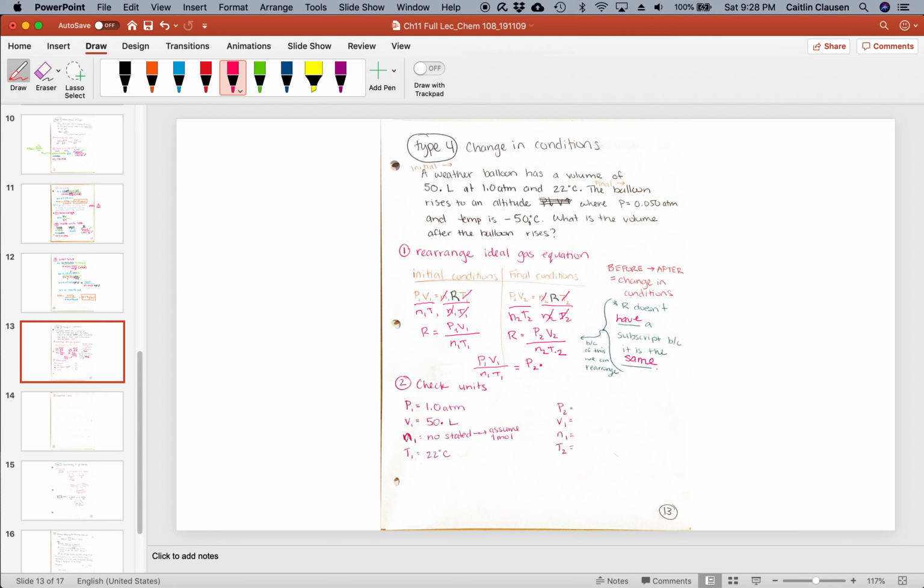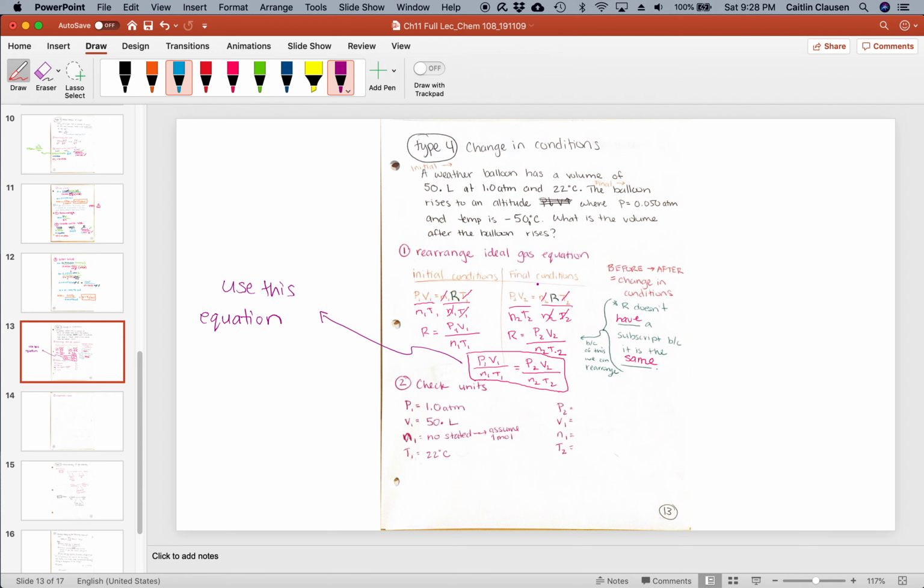So we already talked about how these were related to each other. So you're going to use this equation. Again, it's still a rearrangement of the gas law equation.